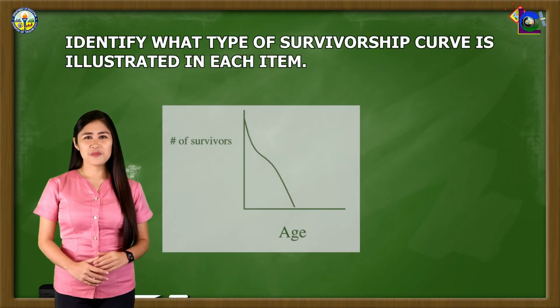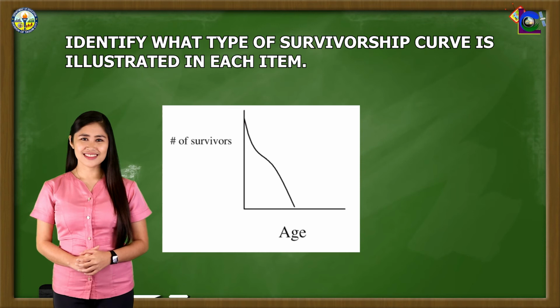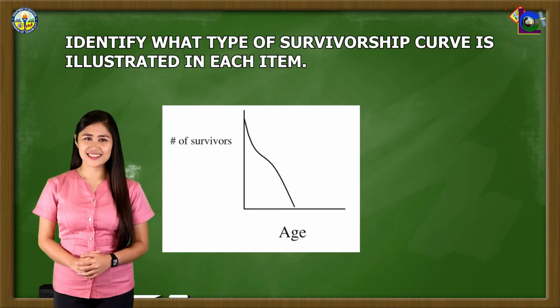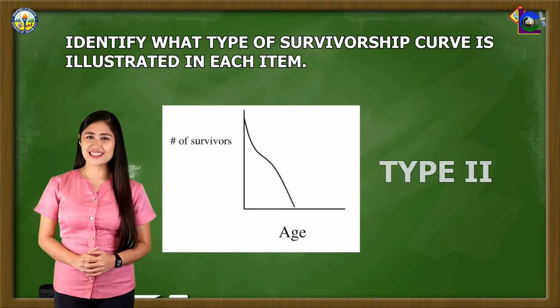There's no better way to validate your understanding than answering this simple task. Identify what type of survivorship curve is illustrated in each item. Number 1. Correct, it's type 2.